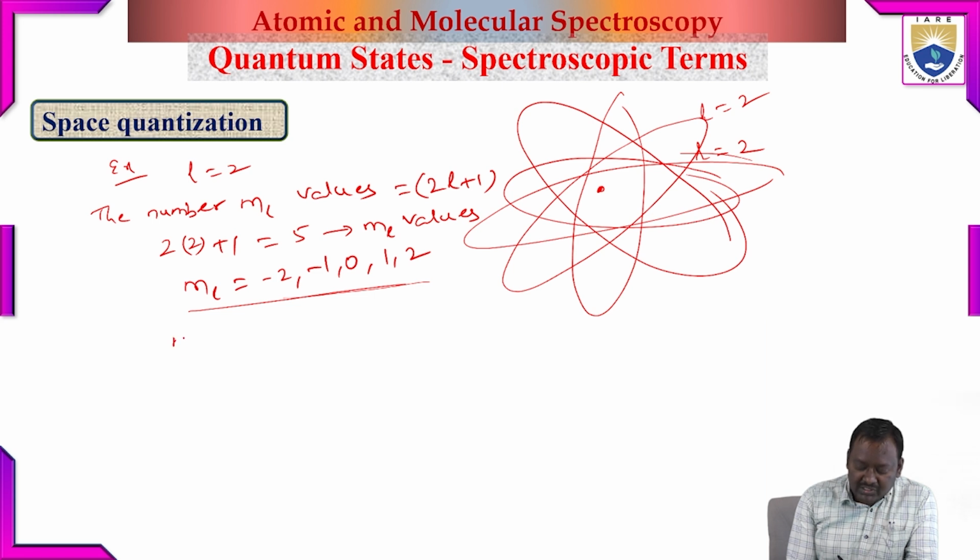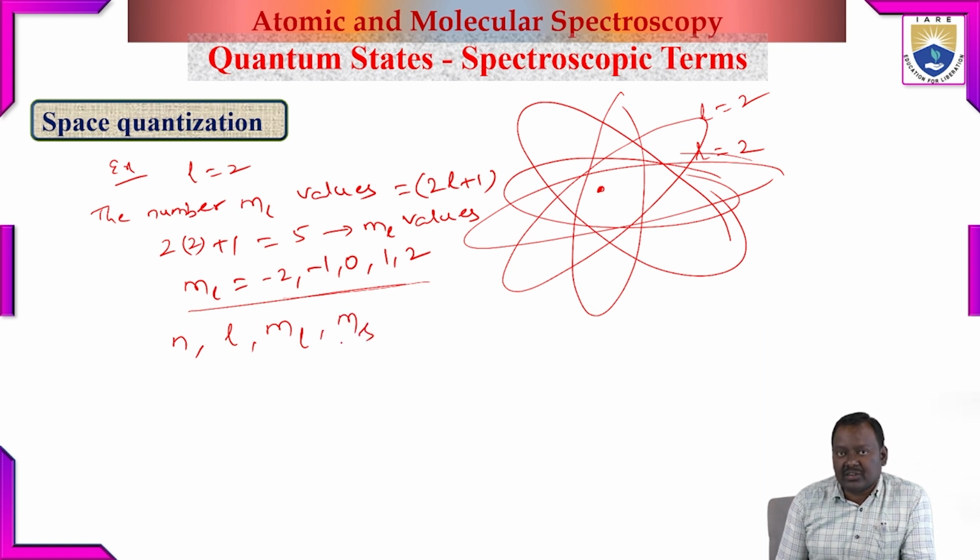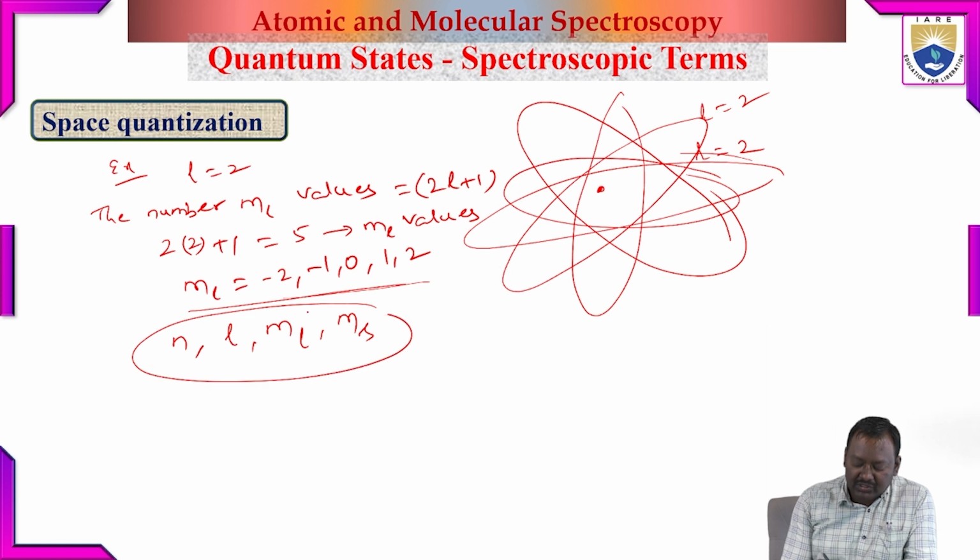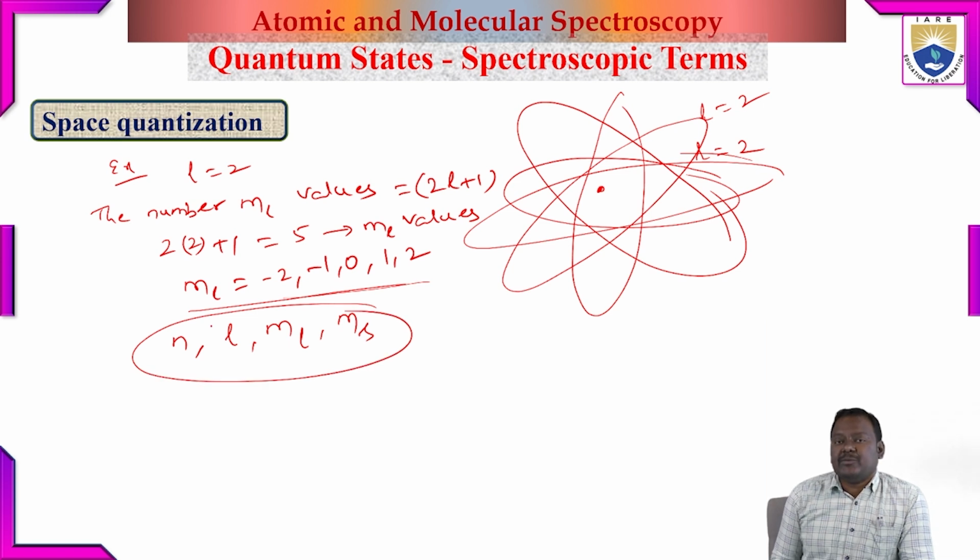Those 4 quantum numbers are the principal quantum number, orbital quantum number, orbital magnetic quantum number, spin quantum number, and spin magnetic quantum number. So these quantum numbers are required to represent the state of the electron in an atom.